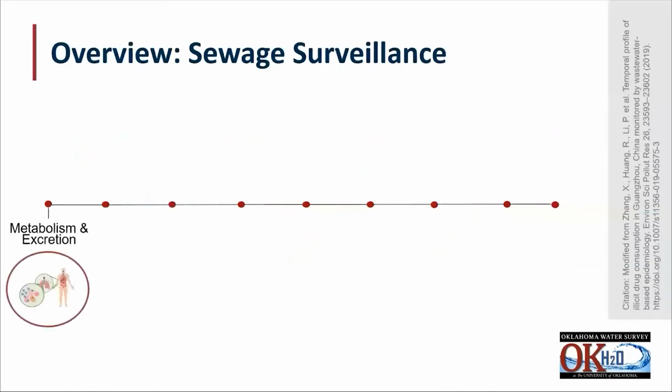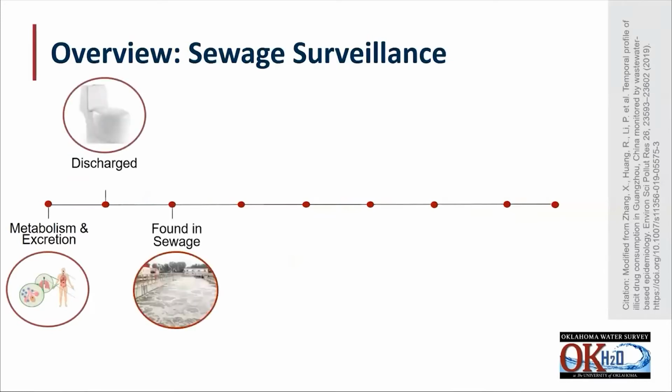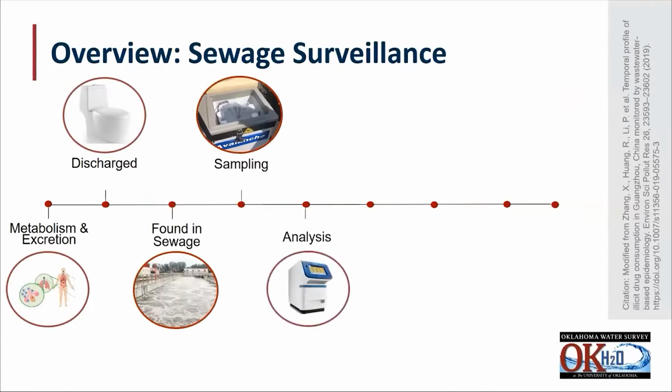So the general overview is we start off that somebody catches COVID-19 or another infectious disease, they metabolize and excrete the genomic material. It goes into the sewage system, and then from there, we're able to sample it, and we can sample it at different levels, whether it be at a facility level, as mentioned, or at the neighborhood or entire community or wastewater treatment plant drainage. From there, it goes into the laboratory.